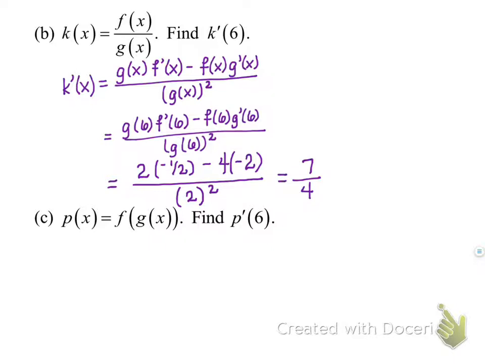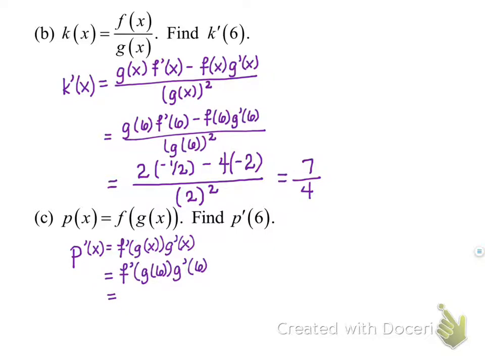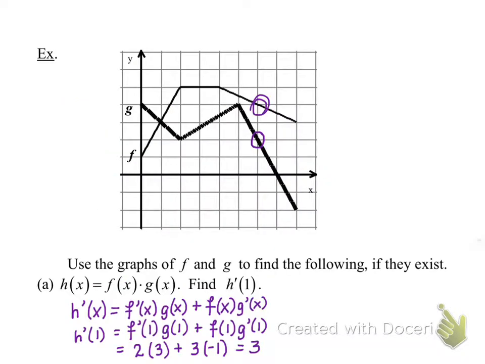Now we're going to find p prime of 6. Before we find p prime of 6, we're going to find p prime of x in general terms. Once we've done that, we go ahead and replace x with 6. And we go back to our graph to figure out what g of 6 is.